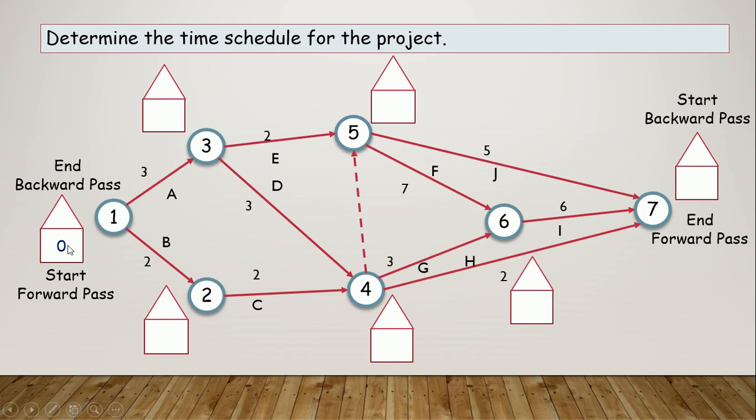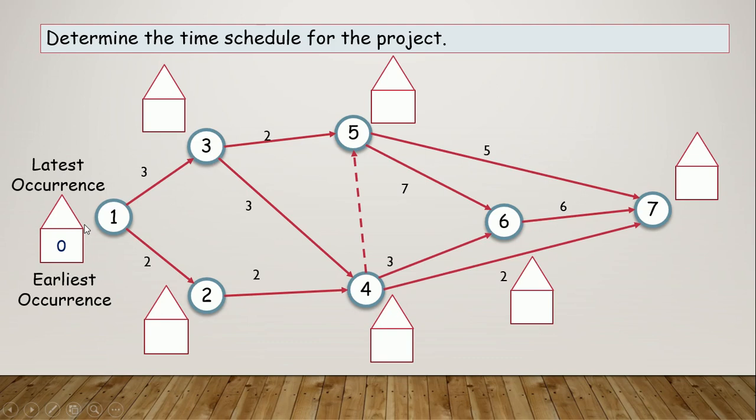Okay, earliest occurrence and latest occurrence, these are the nomenclatures given for these notations. Okay, let's start. Assign 0 for the forward pass here.